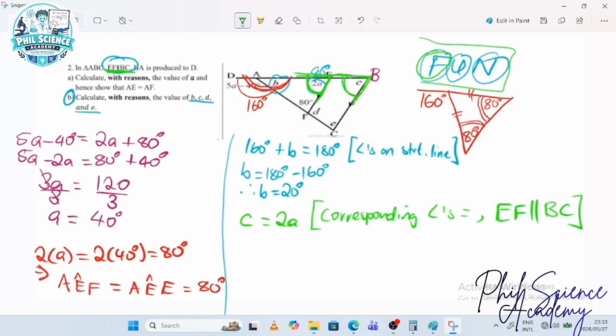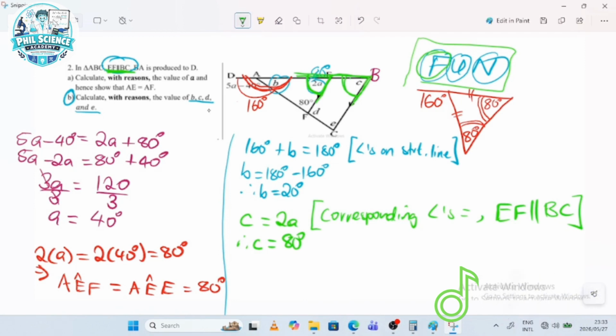Remember, we're using F, U, N only with parallel lines, so we have to state the parallel lines that we're talking about. So C is equal to 2A, and therefore this C is going to be 80 degrees, since 2 times 40 degrees gives us 80 degrees.